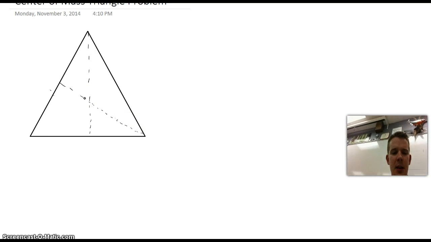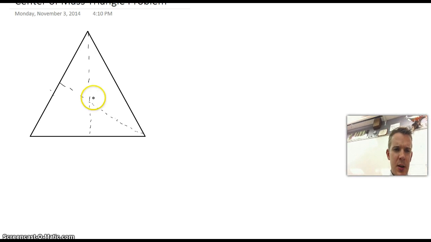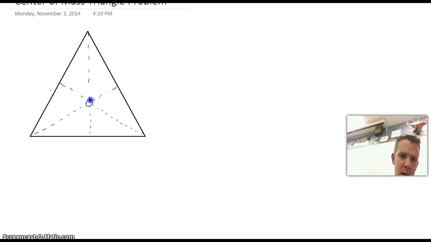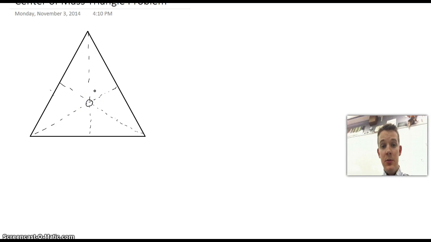Okay, something roughly like that. And you could make the same argument if you tilted the triangle from here to here: both sides of that line would have the same amount of matter. So it looks like the center of mass is going to fall right in here where all of those meet.